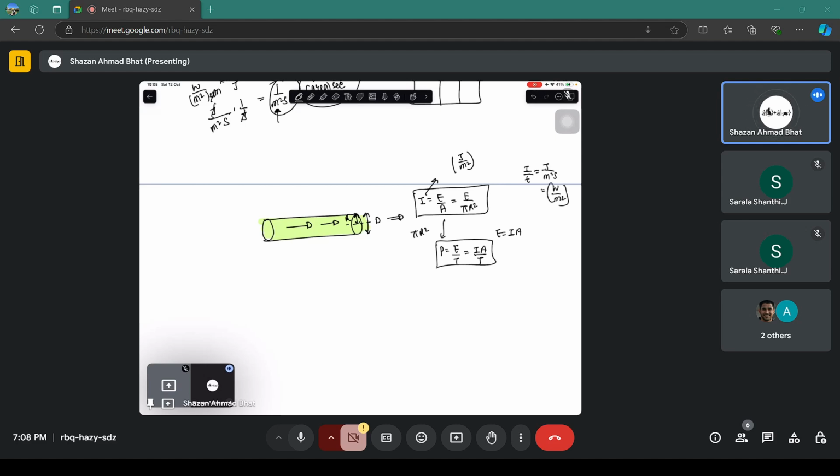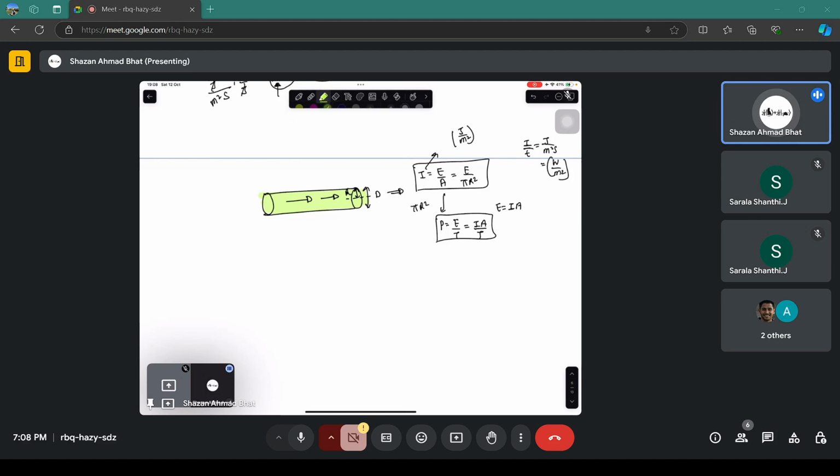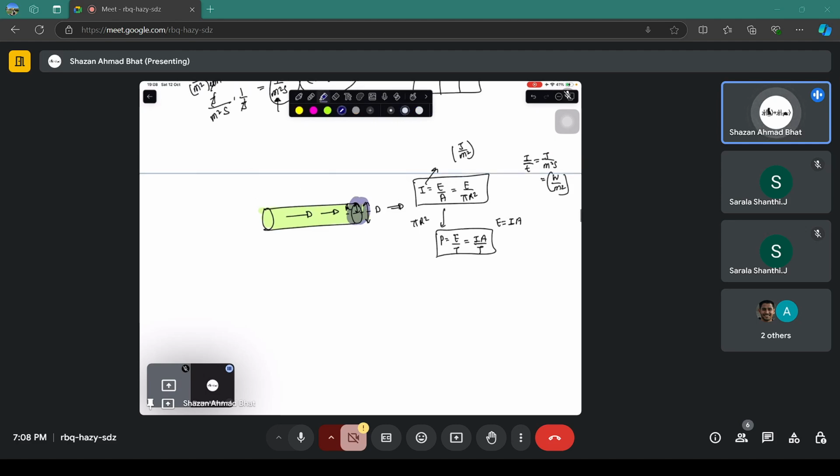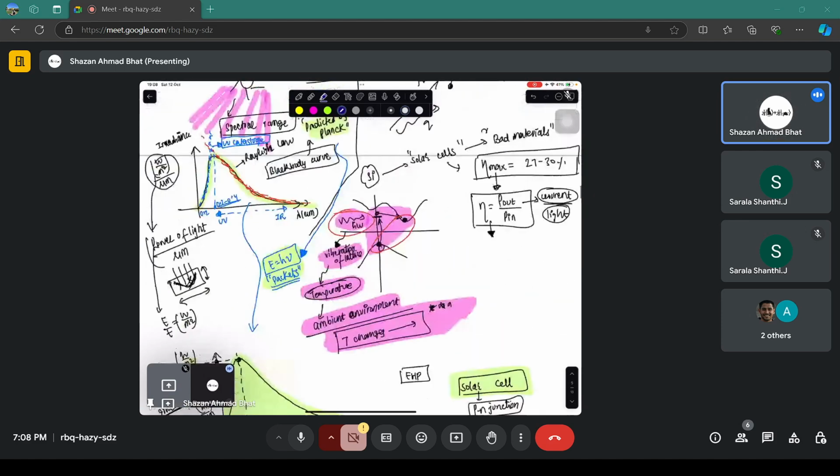So basically, what I'm trying to convey here is that the area information of the light getting irradiated on the medium is embedded in the intensity itself, which has area in the denominator. So it is embedded in the spectral irradiance itself.